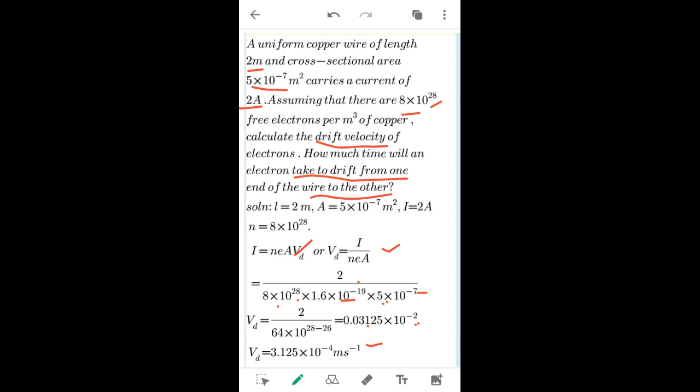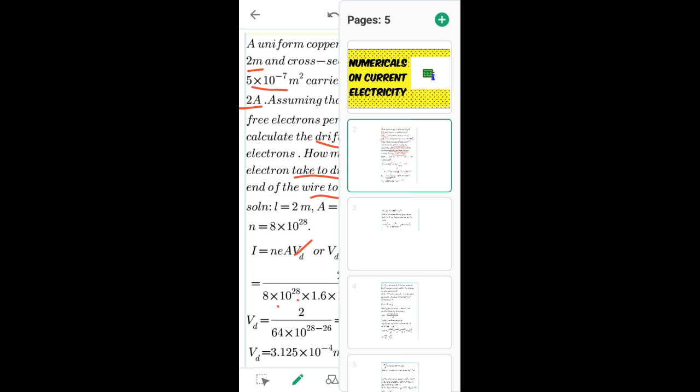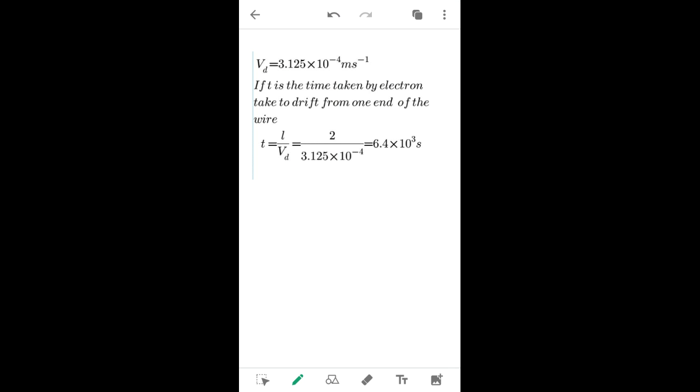Then, what is asked again in the numerical is time. Now we know the length and we know the velocity. The velocity equation is displacement by time taken. Here displacement is L, and T is asked, so T is equal to L upon V, where V is VD.